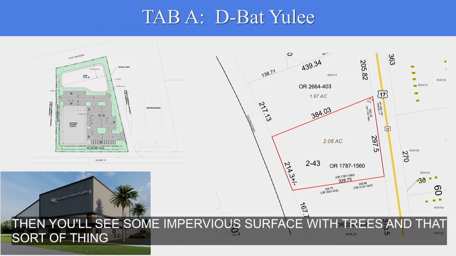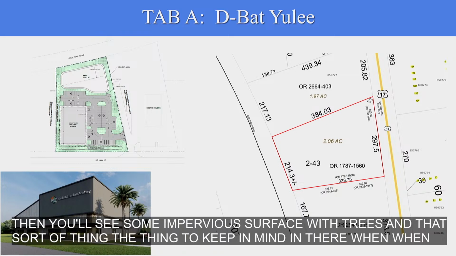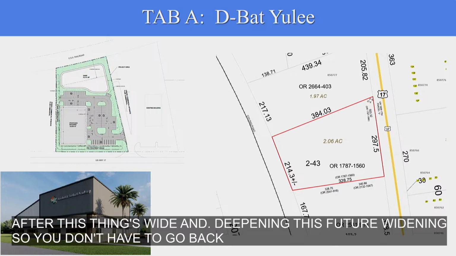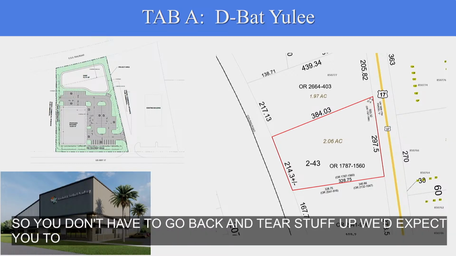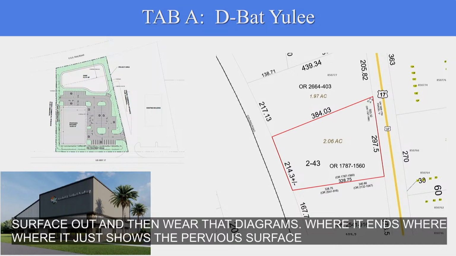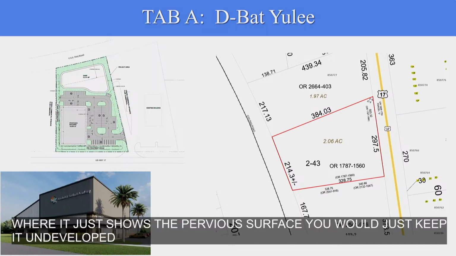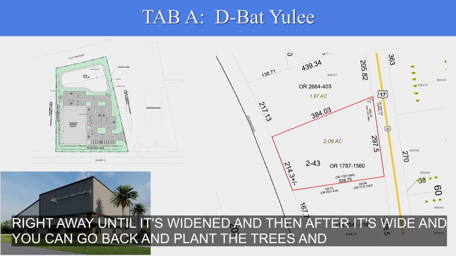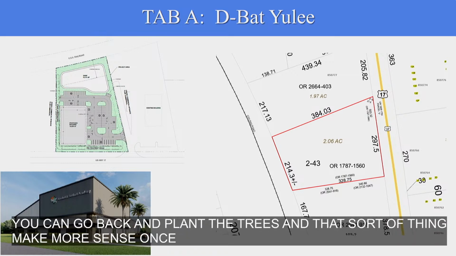After this is widened, we're keeping this future widening in mind so you don't have to go back and tear stuff up. We'd expect you to build the pervious surface out, and where that diagram ends, where it just shows the pervious surface, you would just keep it undeveloped grass all the way to the right of way until it's widened, and then after it's widened, you can go back and plant the trees and that sort of thing. It will make more sense once you see the diagram.